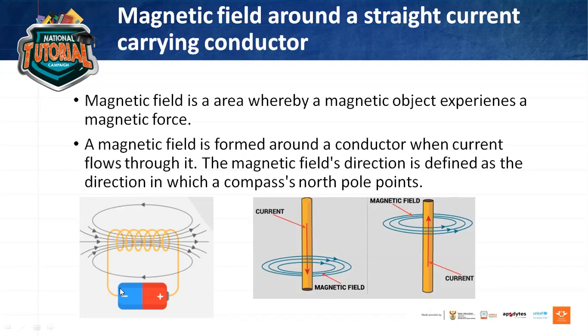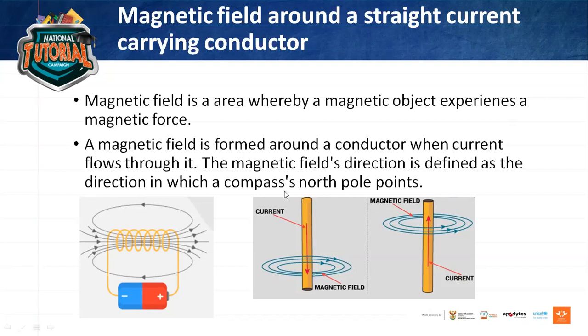So for example, if this is your conductor, this right here in orange, it's a conductor. So it will have current flowing through it, and all of this illustrates the magnetic field around it. Okay, so the magnetic field direction is defined as the direction in which a compass's north pole points. Okay, so you always have 2 points in a magnet. You're going to have your north and your south.